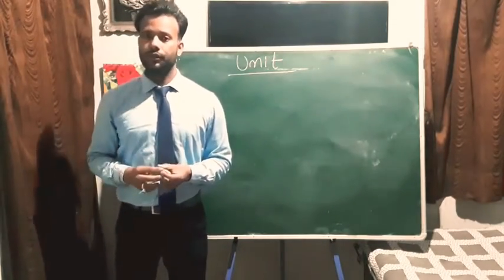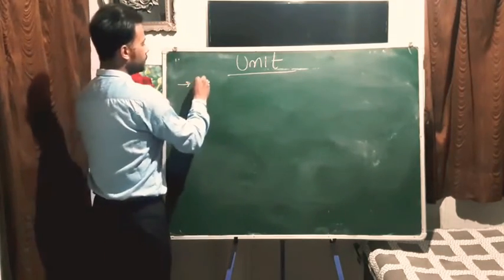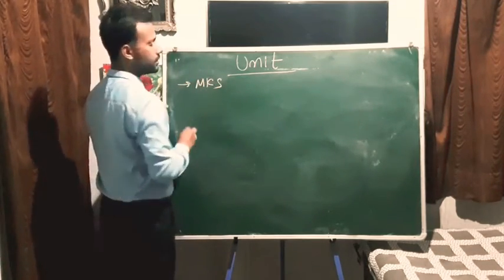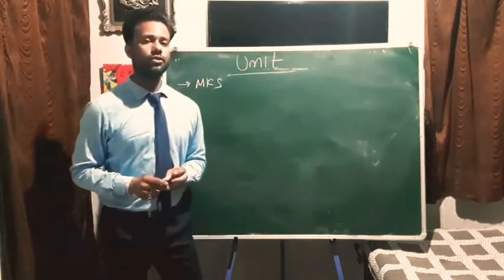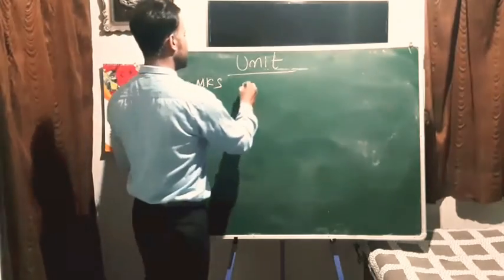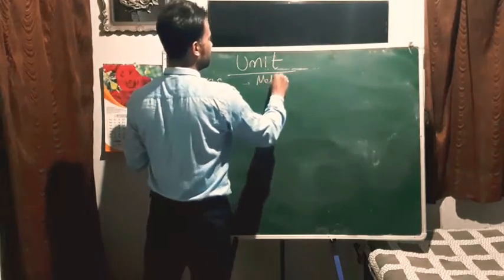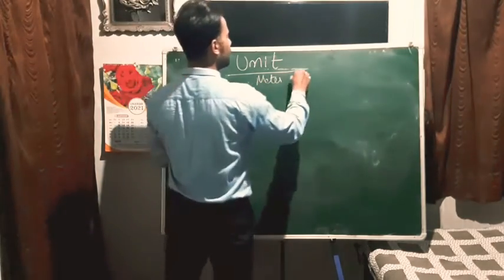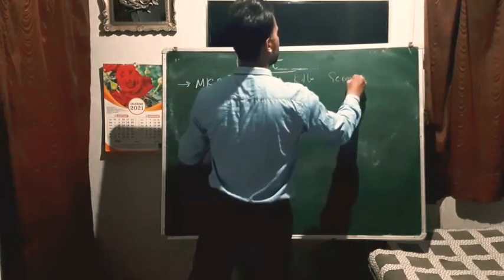We have three systems of units. What are the three systems? First we have the MKS system, also known as the metric system. In India we usually use the metric system, that is MKS. In MKS, M stands for meter, K stands for kilogram, and S stands for second.